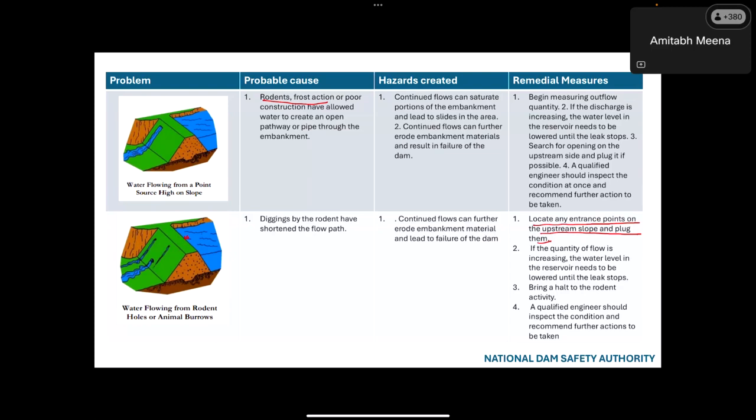If we plug them from the downstream side, water will wash that plug soil or material away. So we have to find the opening on the upstream side, and then only we can plug it. If the quantity of flow is increasing, the water level in the reservoir needs to be lowered until the leak stops. All the same.